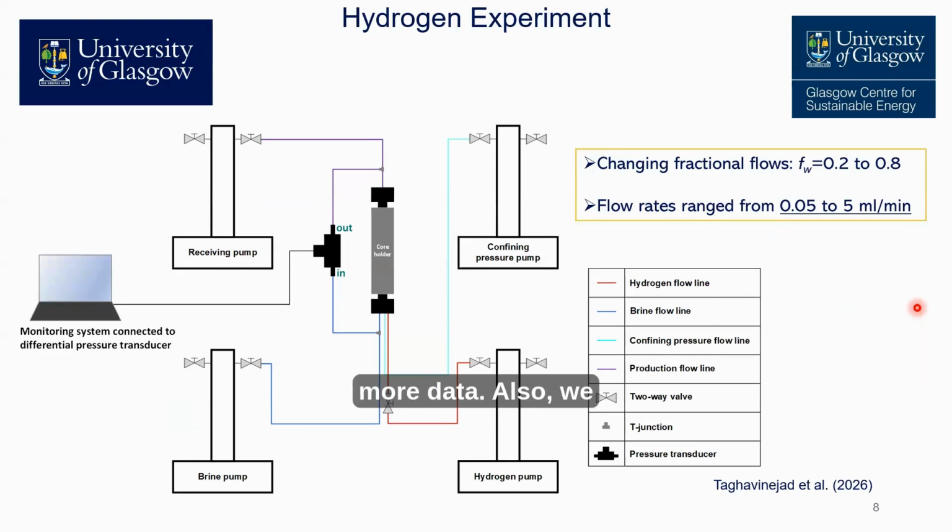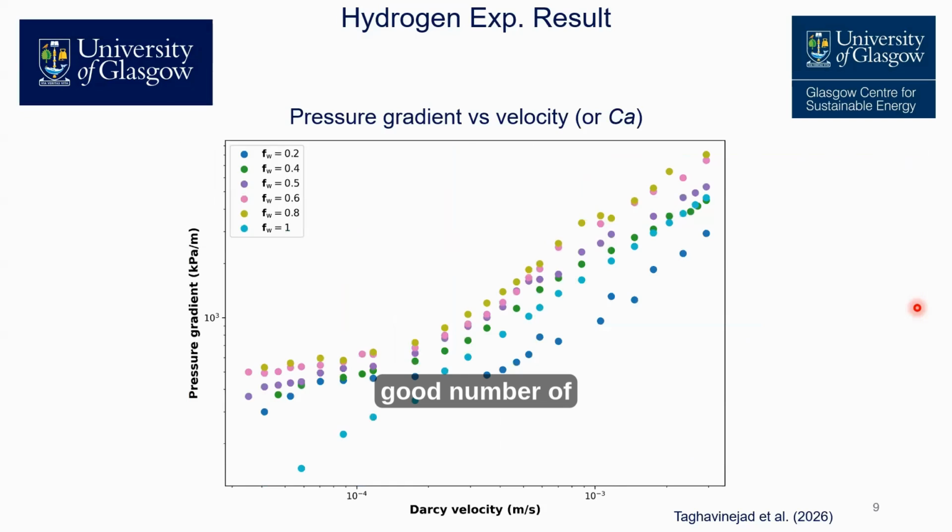Also, we studied the effect of fractional flow. So we injected with different fractions of water and gas into the system. We got a good number of data points here to analyze.